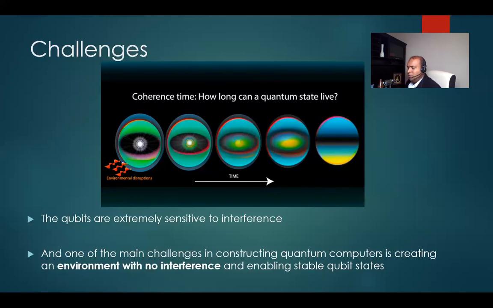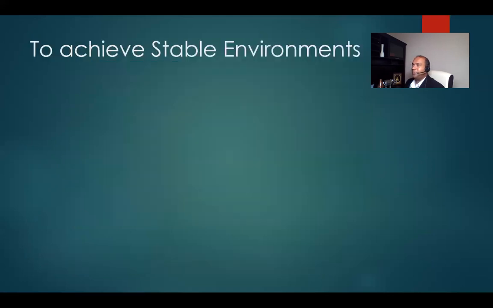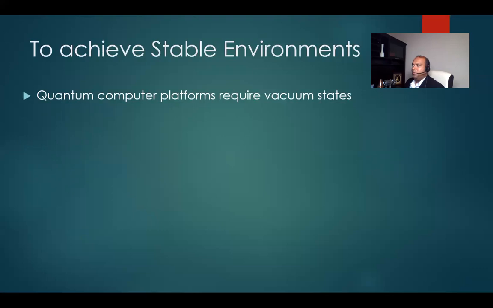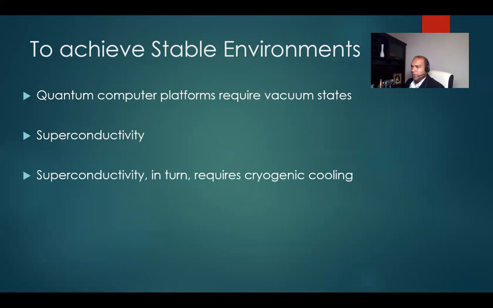It is at extreme vibrations, extreme frequency, extreme energy, so it's very sensitive to any interference, and as soon as the interference comes, it dies down to the normal state. So to achieve a stable state, the computer platforms require vacuum setups, and then superconductivity, and they have to be super cool, near absolute zero, which requires cryogenic cooling, huge refrigeration. We saw this example in the beginning, with extreme low temperatures.